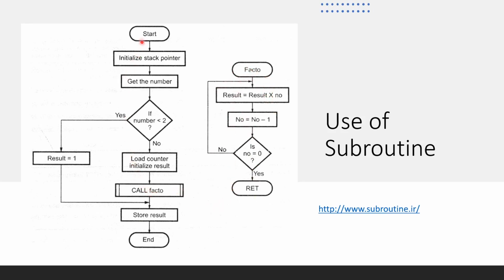So your program will start here, initialize the pointer, get the number, if the condition is false, will load the counter, and then it will jump from here to here, factor, it will run this code here, then when it returns, it goes back to factor and then continues with stored result and end.